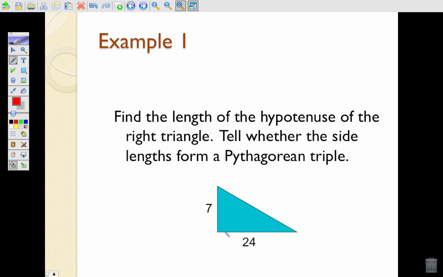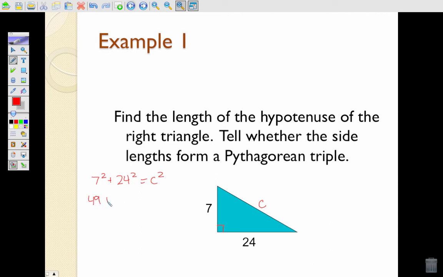First example, find the length of the hypotenuse and tell whether or not it is a Pythagorean triple. So in order to be a triple, it just means that we would have to get a number here that's not a decimal. So I'm going to set this up. We're going to let the hypotenuse be c. So I have 7 squared plus 24 squared equals c squared.